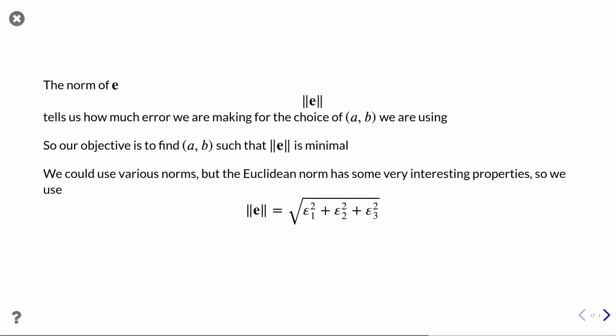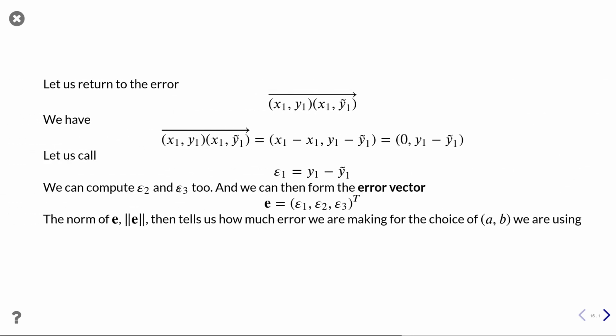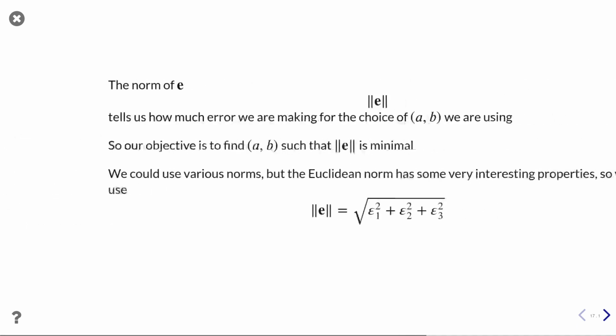In passing, this means that when I'm computing the vector, it doesn't matter whether I say x1, y1 tilde to x1, y1 or vice versa, because I'm going to end up taking the square of this difference. And of course, it doesn't matter whether it's y1 minus y1 tilde squared, or y1 tilde minus y1 squared.